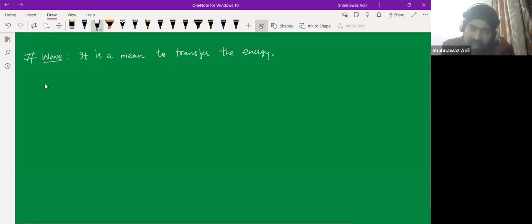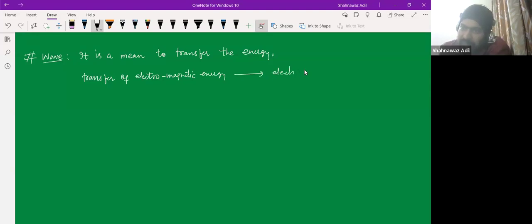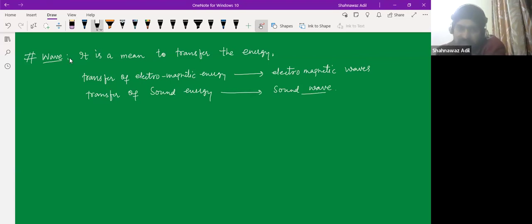If we are transferring electromagnetic energy, that would be called electromagnetic wave. And in the example that I gave, the transfer of sound energy would be called sound wave. So a wave is a means to transfer energy, how the energy propagates from one person to another.